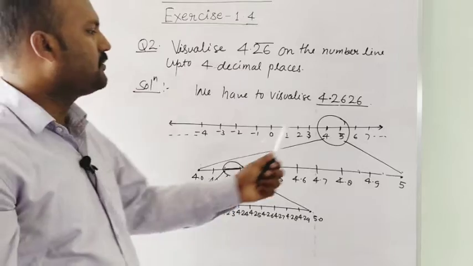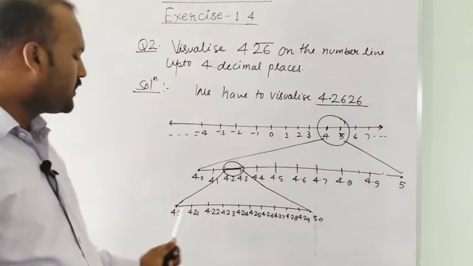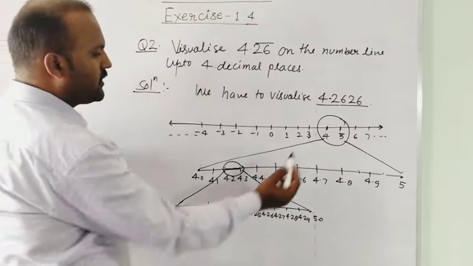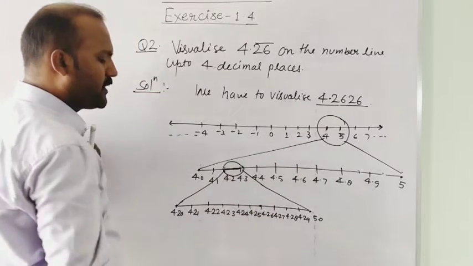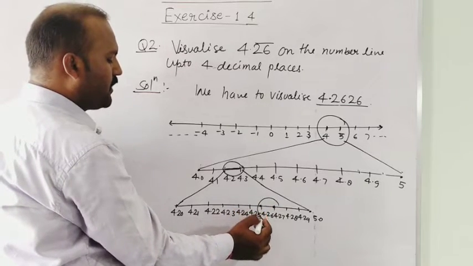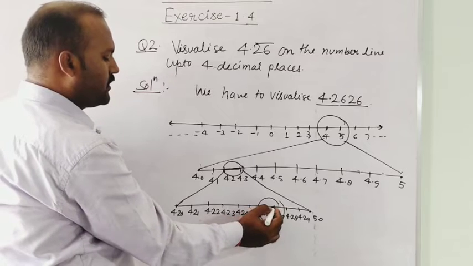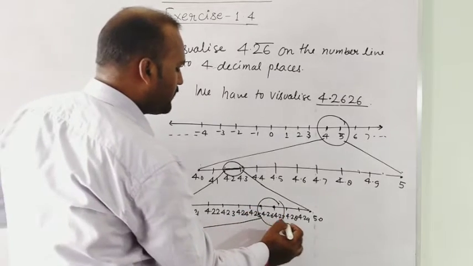Now see, this number is more than 4.26 but less than 4.27 on this number line. This point represents 4.26 and this represents 4.27. So we have to magnify this line. After magnifying, you will get it like this.